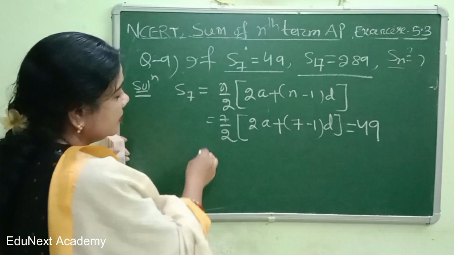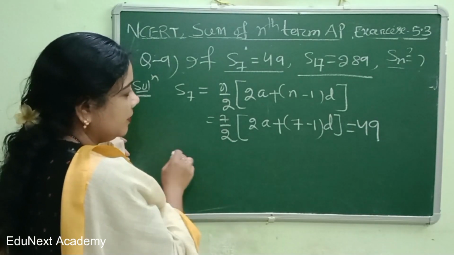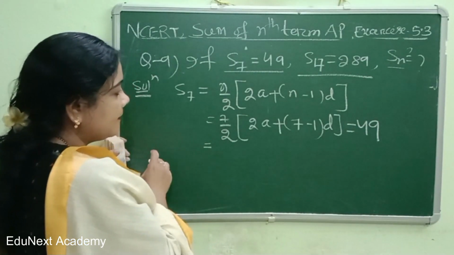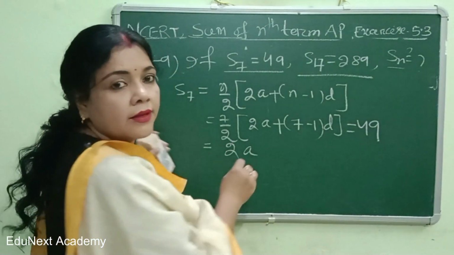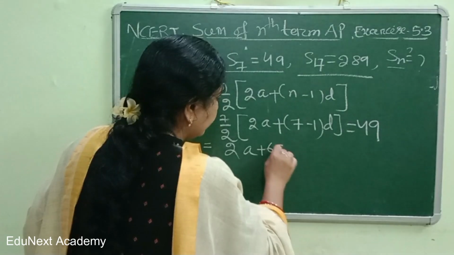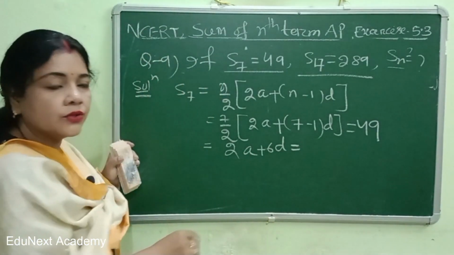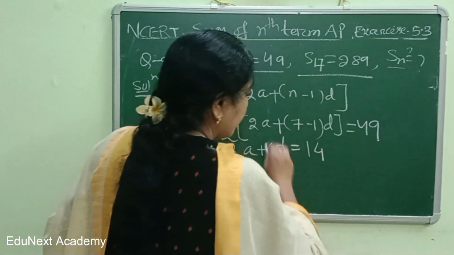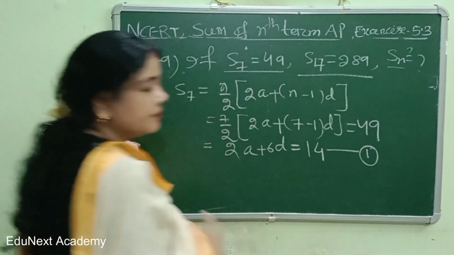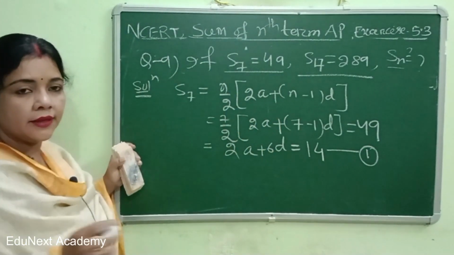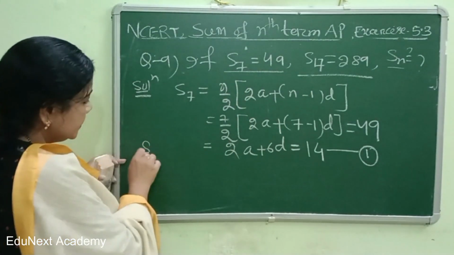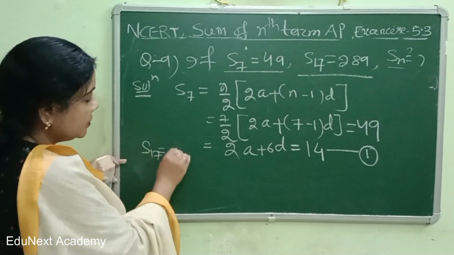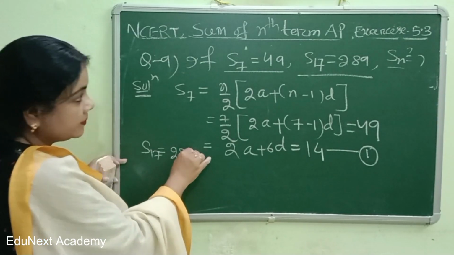After solving, I got 2a plus 6d is equal to 14. Let it be equation 1. Now another condition is given: S17 is equal to 289.